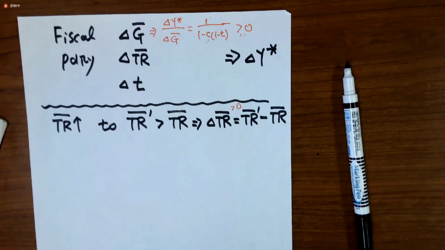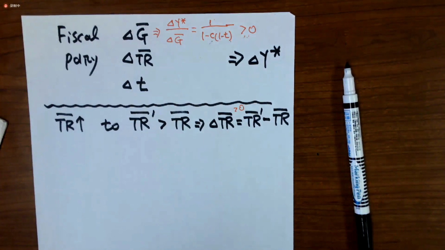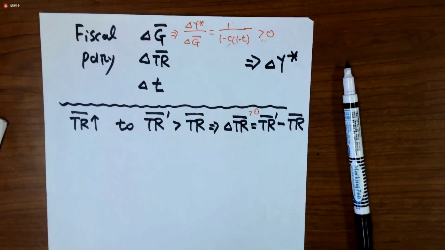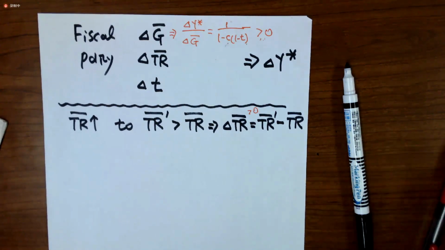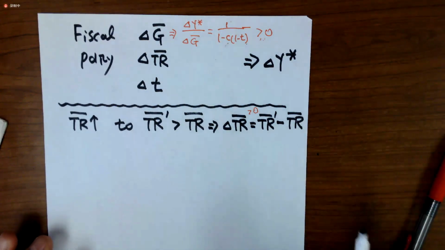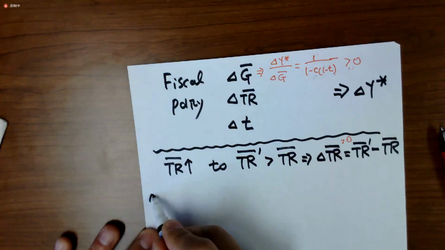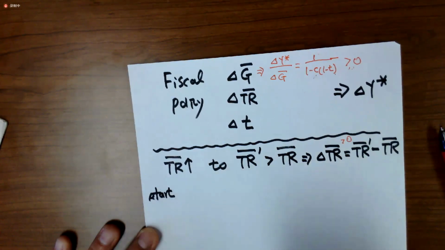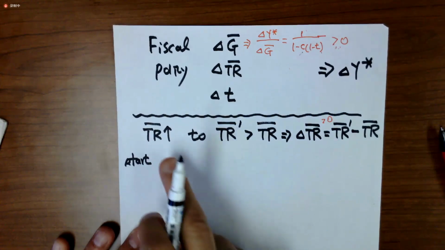Okay. You have an increase in unemployment insurance. Now, connect what I'm talking about here in the classroom to the real world. All right. So now, once again, we do exactly the same exercise. I want to find out what happens to the economy's output when there's an increase in transfer payment.